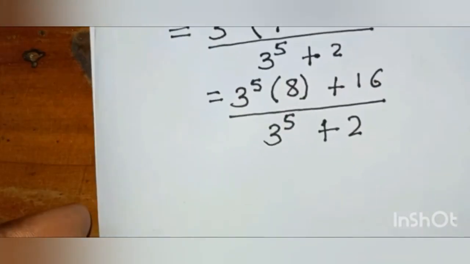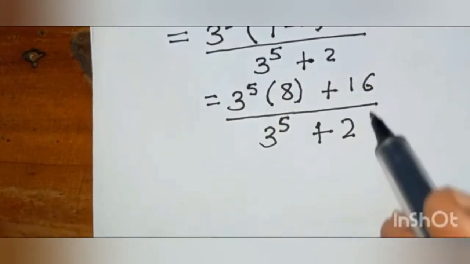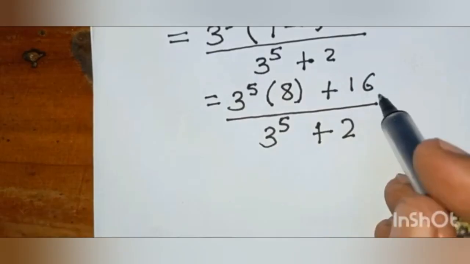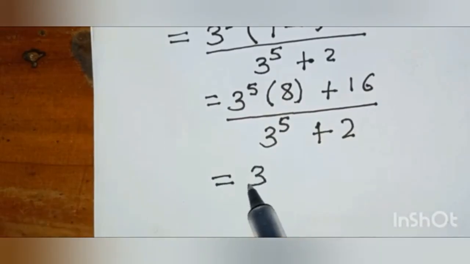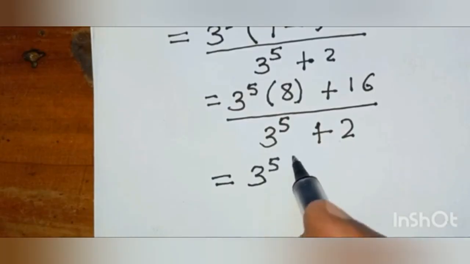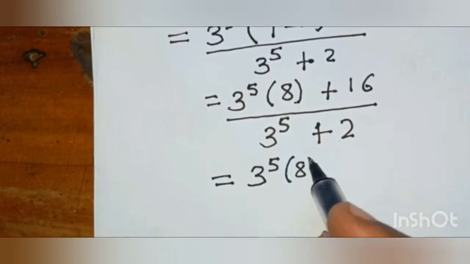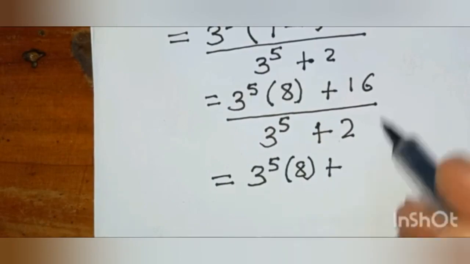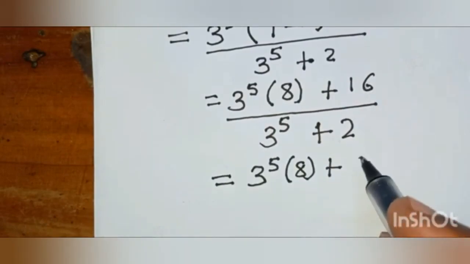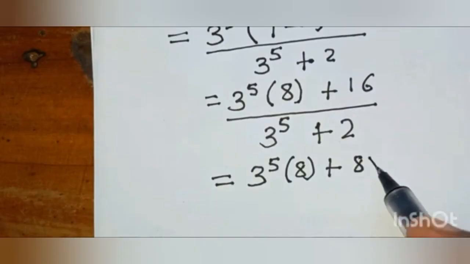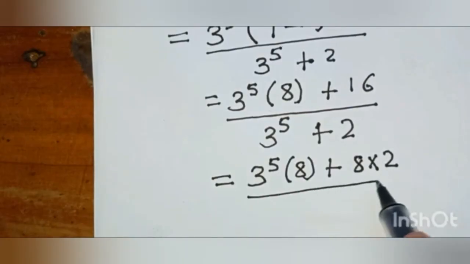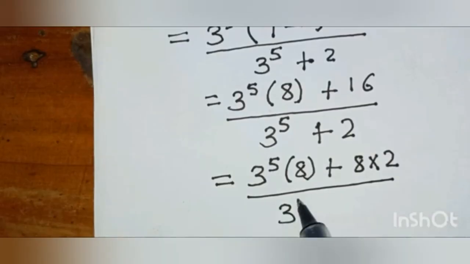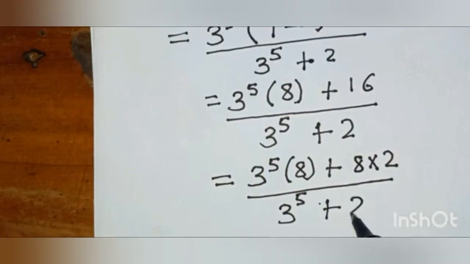So instead of writing 16 here, we are going to write 2 times 8. So our expression will be like this: 3 power 5 in the bracket, 8, plus 16 which is 8 times 2, over 3 power 5 plus 2.